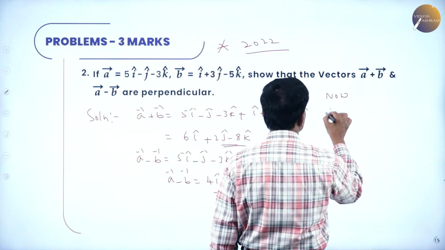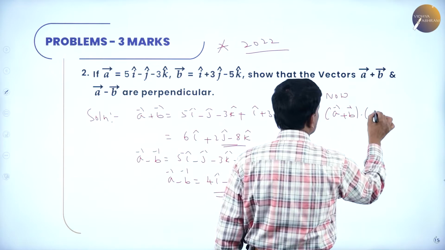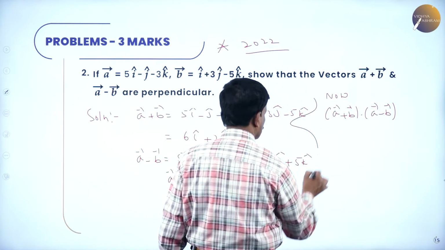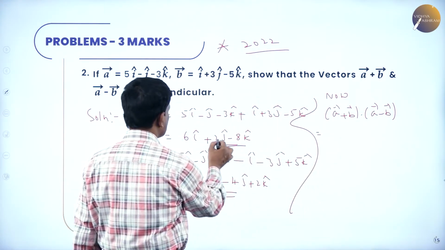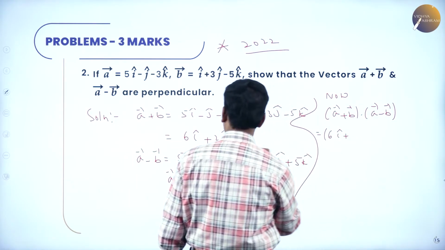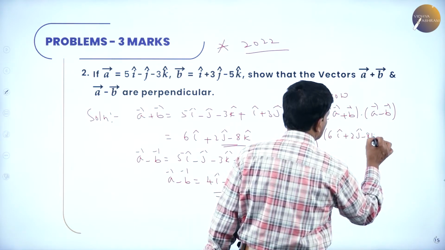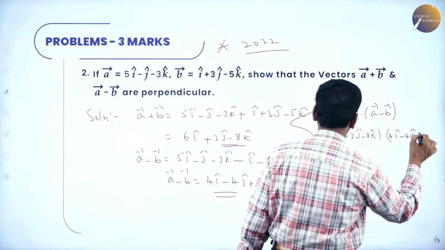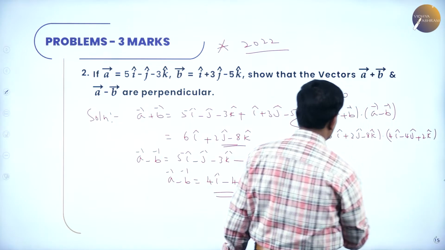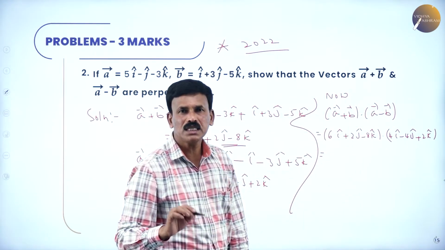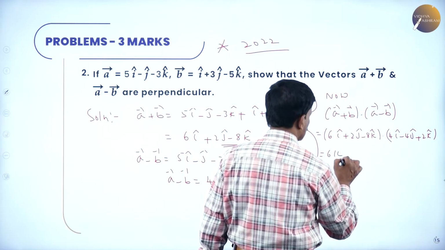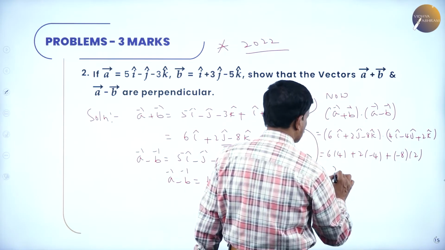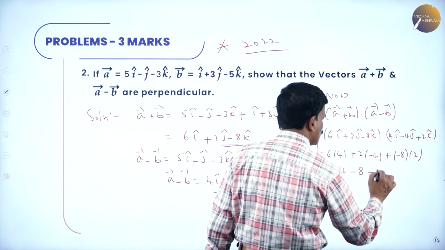Now A plus B dot A minus B is equal to, what is A plus B? 6i plus 2j minus 8k, dot 4i minus 4j plus 2k. Now for the dot product, multiply the coefficients of i, j and k: 6 into 4 plus 2 into minus 4 plus minus 8 into 2. 6 4s are 24, 2 4s are 8, 8 2s are 16.